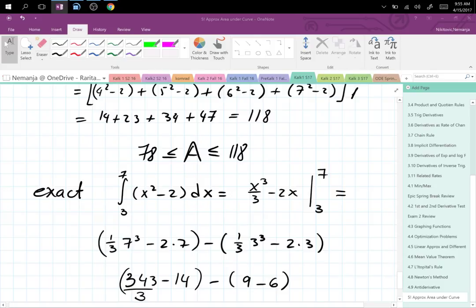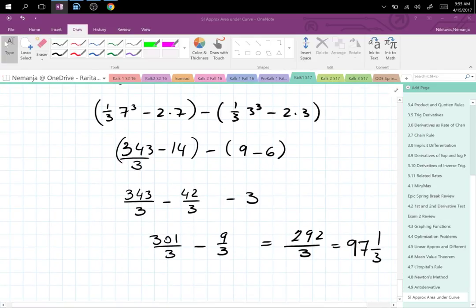So if you are to average this, what would you get? What's the half of this? That's plus 20, so 98. The half is 98, and this is 97 1/3. So, I mean, averaging will get you close, but it's not supposed to get you the exact area.